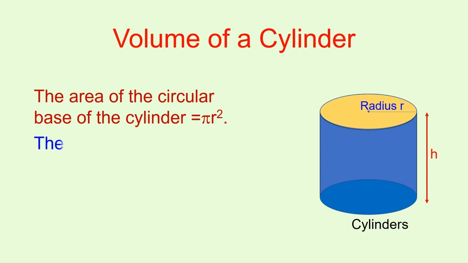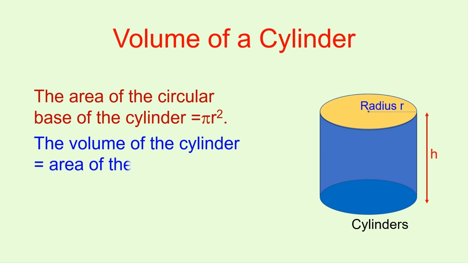The area of the circular base of the cylinder equals pi times r squared. The volume of the cylinder equals area of the base times height, equals pi times r squared times h.